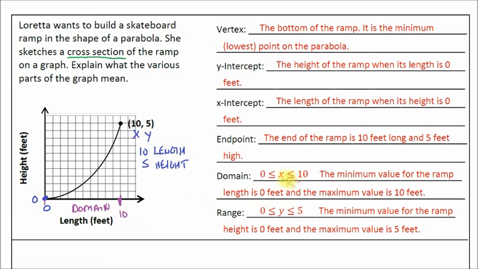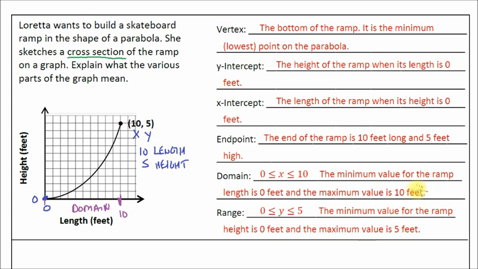So our domain is all x values greater than or equal to 0 and less than or equal to 10. Notice it includes 10 and it includes 0. That's why we use less than or equal to. So x is between 0 and 10 and includes 0 and 10.